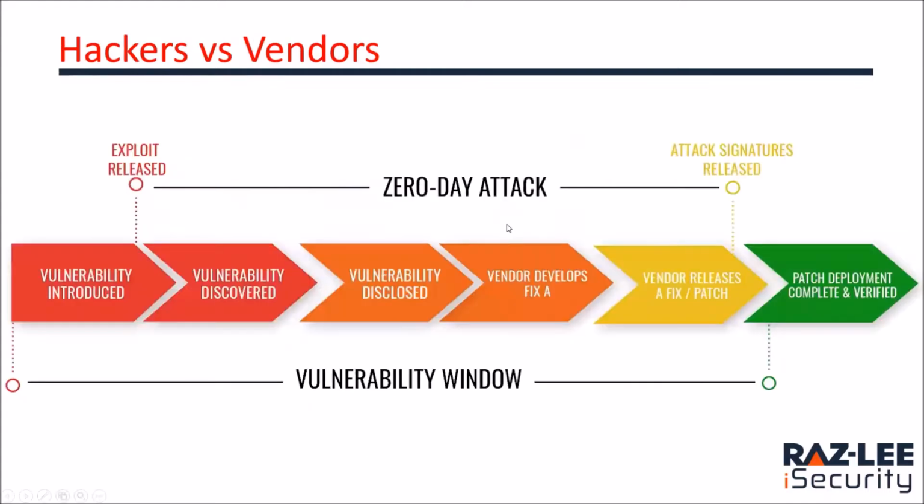Then we have a very tough competition between hackers and vendors, because once a vulnerability is introduced, for example when you're upgrading a version of software and in the middle it causes a vulnerability, you have a little bit of time before this vulnerability is discovered.